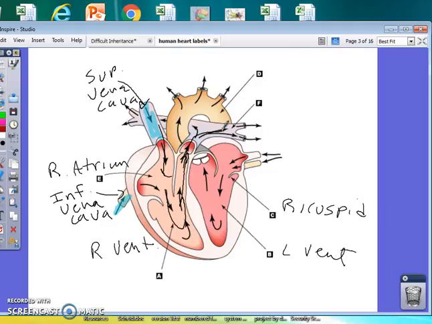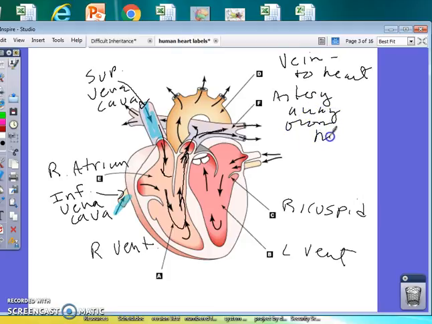One thing that you need to know is that veins carry blood to the heart, and an artery carries blood away from the heart. Because this is carrying blood away from the heart, this is going to be an artery, correct, and we're going to call this the pulmonary artery.